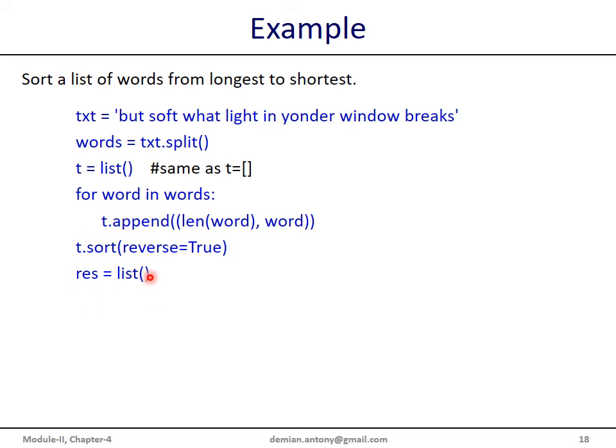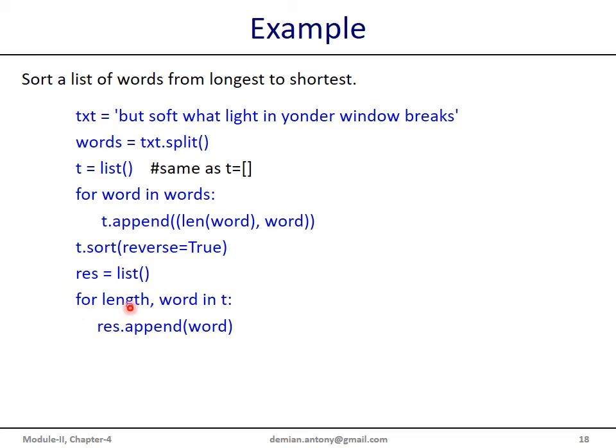After sorting this, we create an empty result list, and we pick all the words from the T where words are found along with the length of the word, because it is a tuple. Each item in T is a tuple. We have to extract the entire tuple, and then we have to pick the word in order to create the final result list. Initially we have an empty result list.